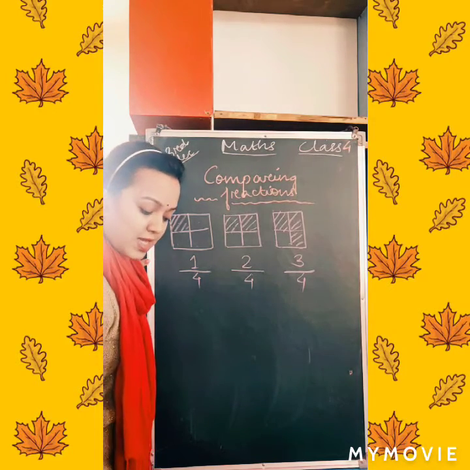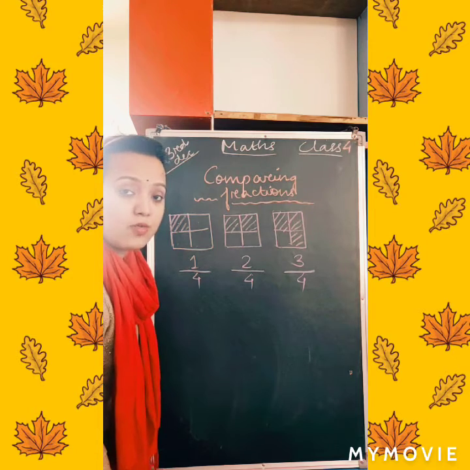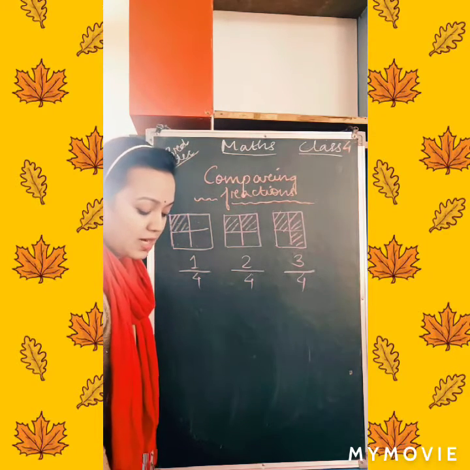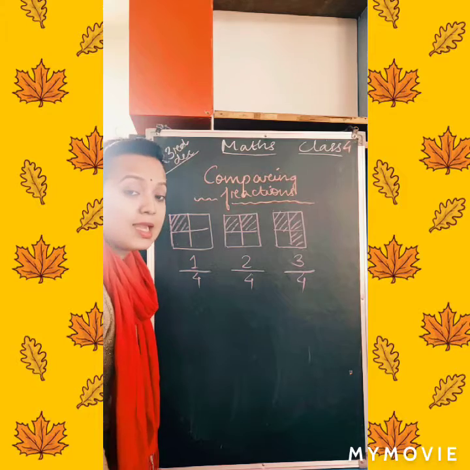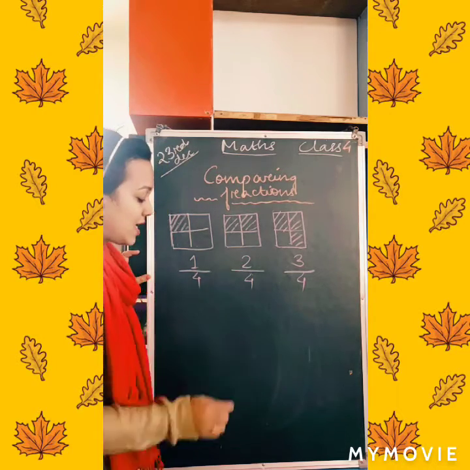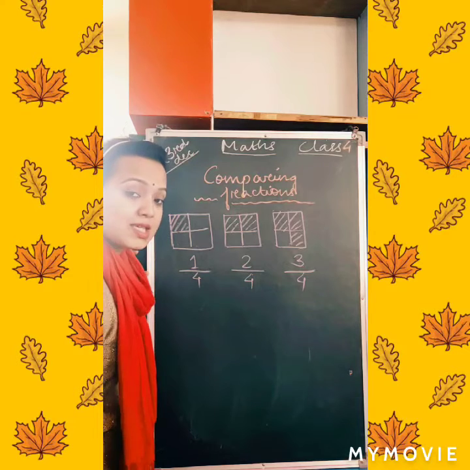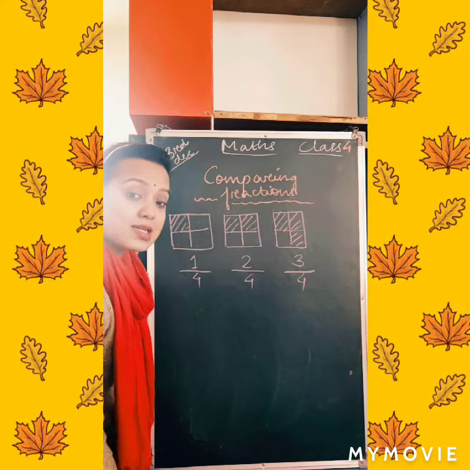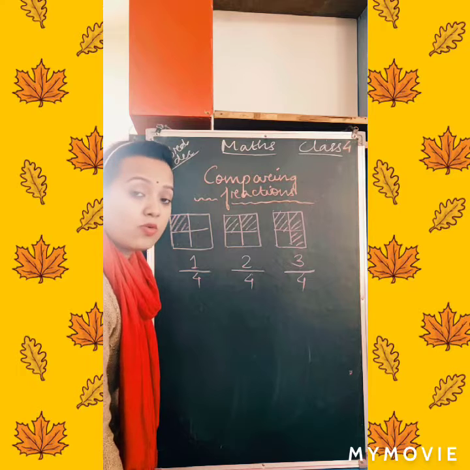Now, if I ask you which figure among these is greater, or which fraction is greater, then how do you know it? Since you have the same denominators, when you have the same denominator, the greater numerator is always the greater.